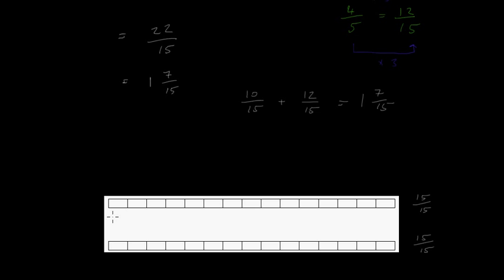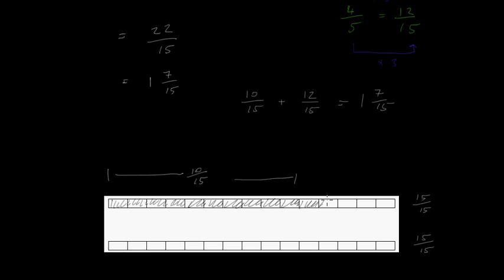Okay, so let's start colouring these in. So we have 10 15ths, so I got 1, 2, 3, 4, 5, 6, 7, 8, 9, 10 of these 15. So this is 10 15ths from here to here. Now I want to add 12 15ths, so I've got to add another 12 of these. So let's see.